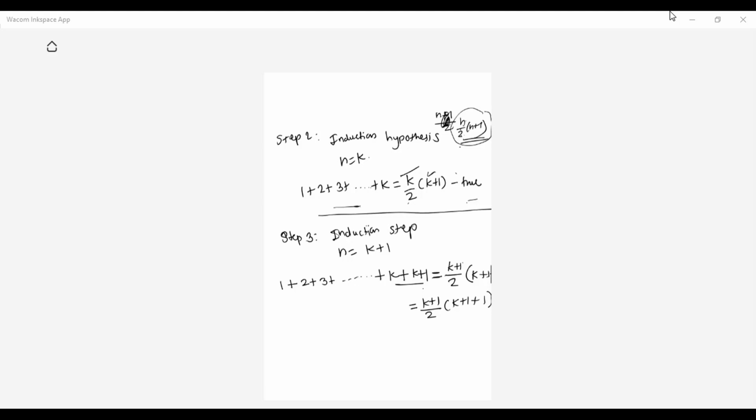Now we have to replace this n with k plus 1. So we have replaced this n with k plus 1 divided by 2, and this n with k plus 1, and this is plus 1. I hope you have got up to this step. Yes, student? Say something. Yes, you have got it, the k plus 1 step.